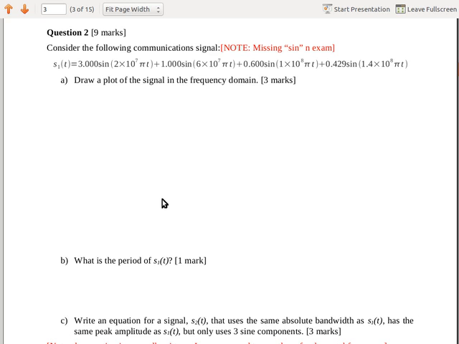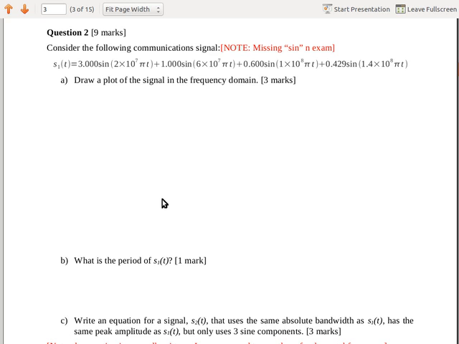And once you know the frequency, you can find the period. The period of the signal is 1 divided by the frequency. 1 divided by 10 million is 0.1 microsecond. Some things sound obvious, but people always forget for the exam.